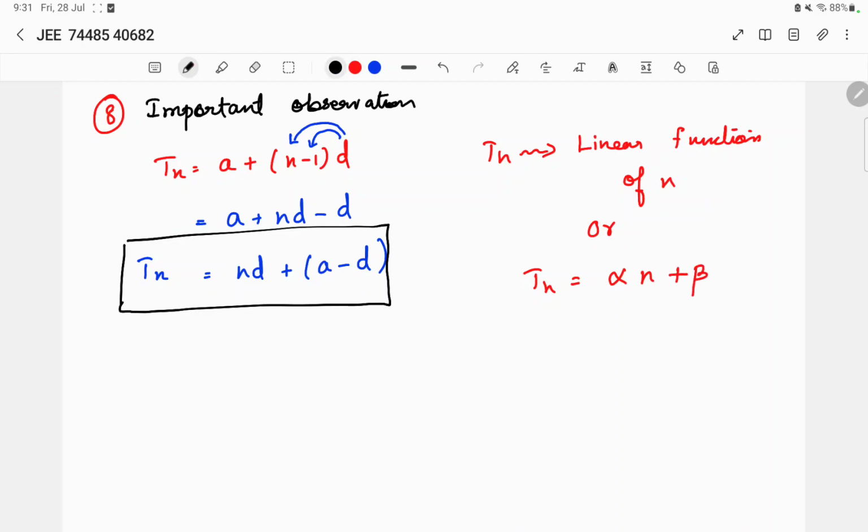Now the coefficient of n is alpha, which means I got this alpha as D. From comparing this I am writing. So alpha will be equal to D, which is the common difference.